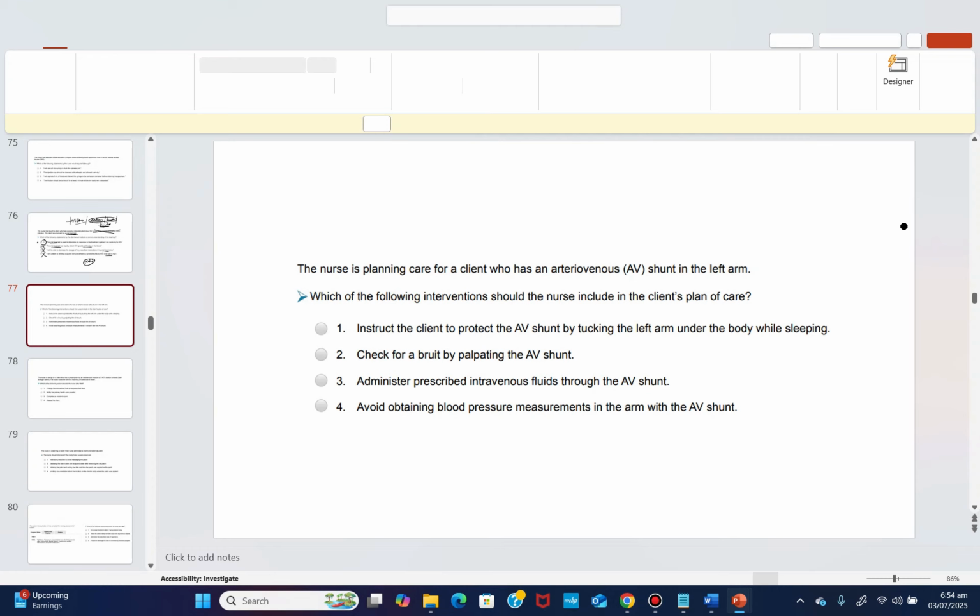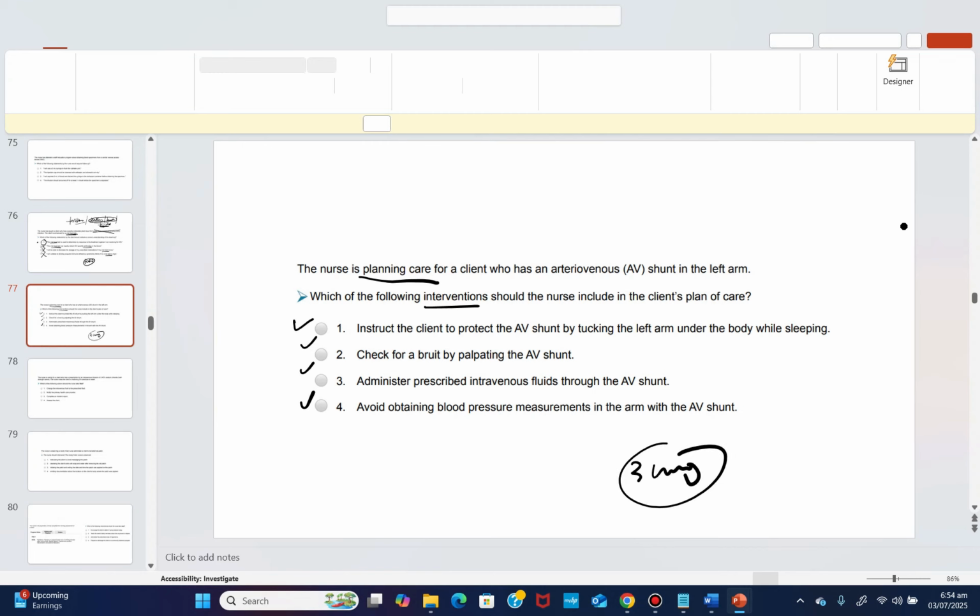Now, this is it. When NCLEX is testing you related to planning care, it's always intervention every time. Anytime you are planning care, it means that we are trying to put a certain intervention. So you don't even need to think about interventions because NCLEX has provided 4 different interventions. The only thing is that 3 of the interventions can be wrong. It depends on the question that the examiner is asking.